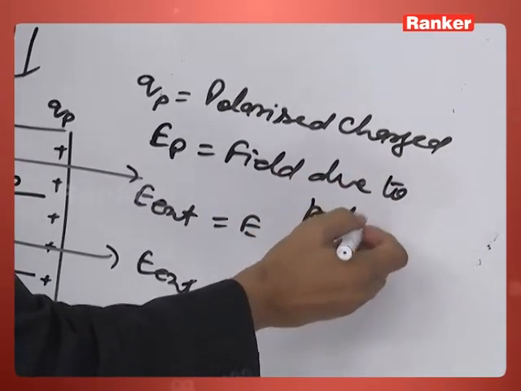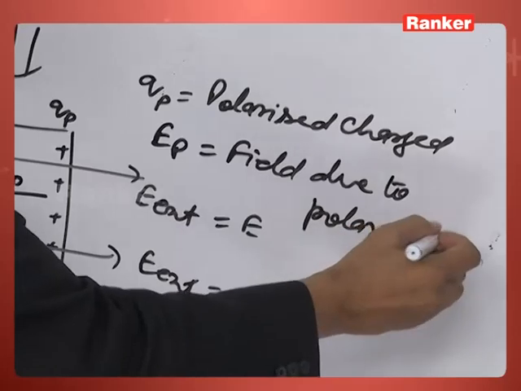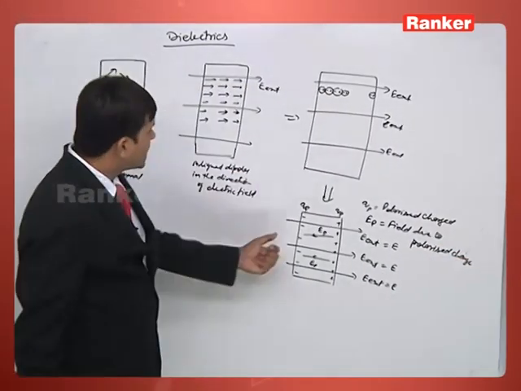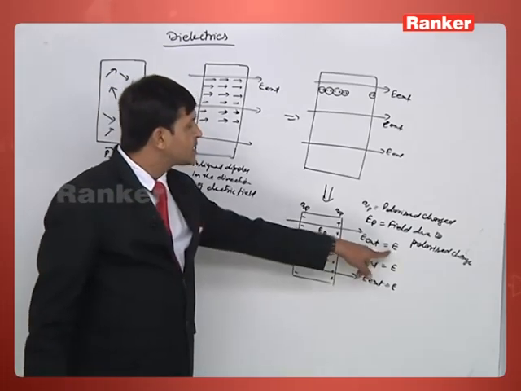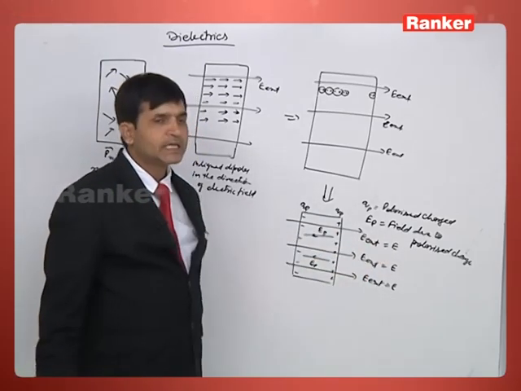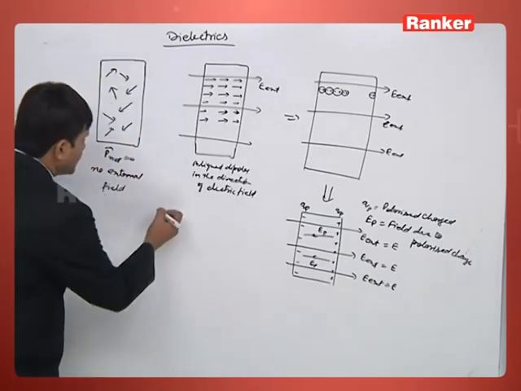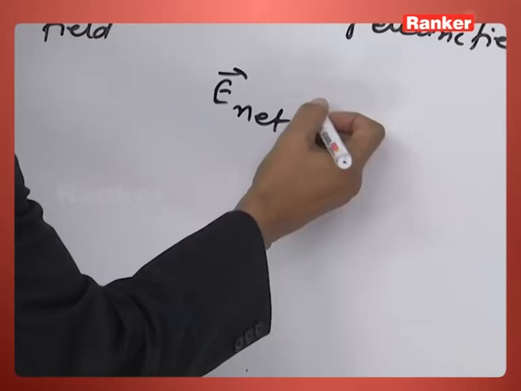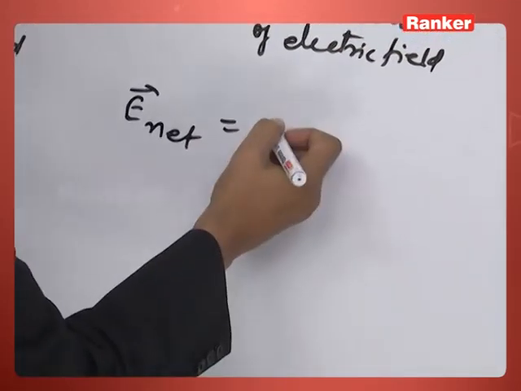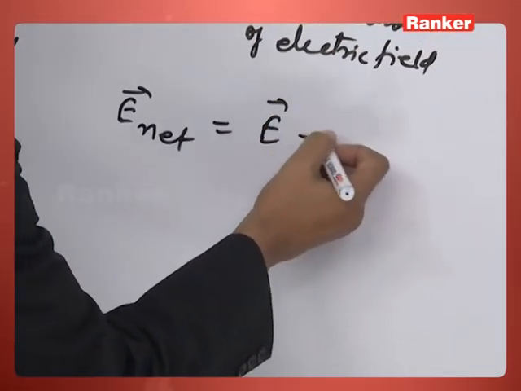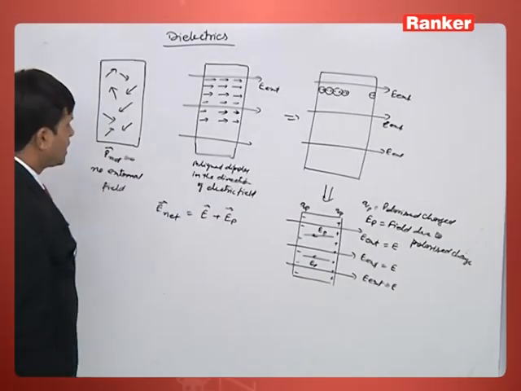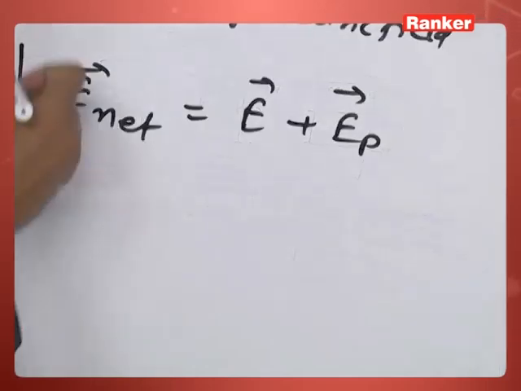So what will happen? The polarized field decreases the external electric field. So the net field inside the dielectric will be the external field plus the polarized field. This is the actual relation.